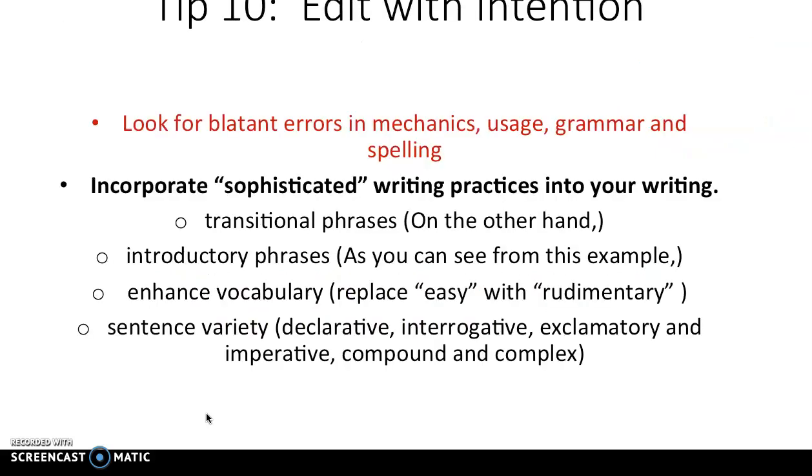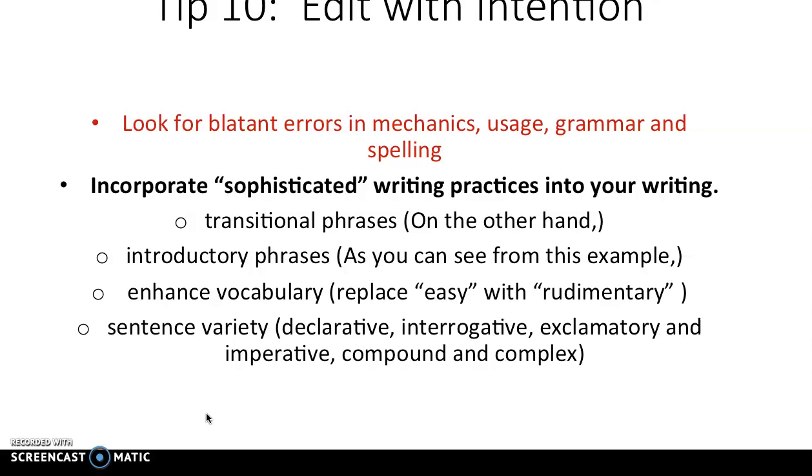Tip 10, edit with intention. Writing that is grammatical, concise, direct, and persuasive displays the superior control of language that earns that top score of 6. This involves using the same good grammar that is tested in the selected response questions. It also involves good word choice or diction and sentence structure. So if you have a few moments, you're going to want to incorporate all of those sophisticated writing practices in.